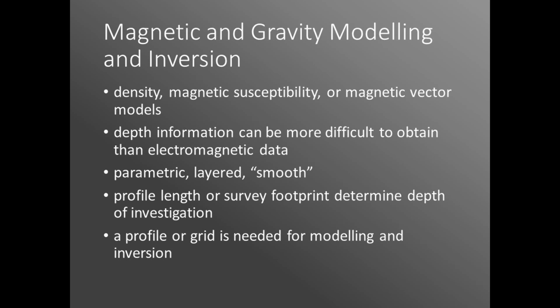It determines the depth of exploration, and that signal over that area is what tells you how deep something is, not the single data point. It's also pretty common to see parametric inversions and layered or smooth types.